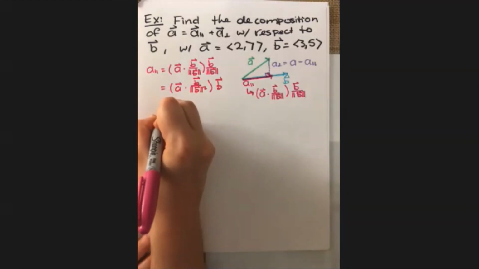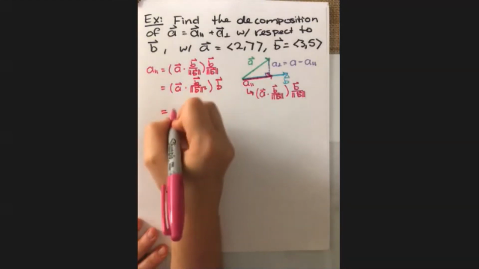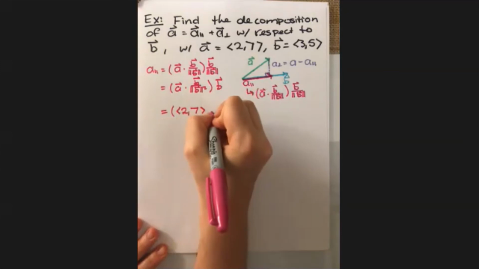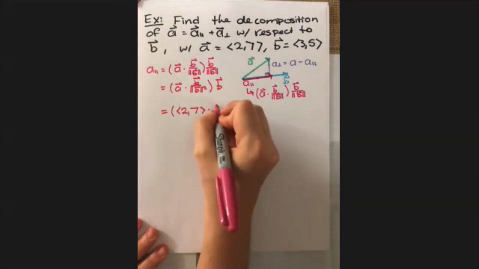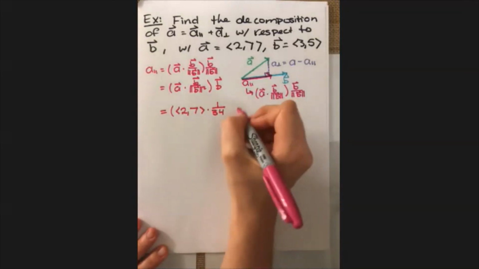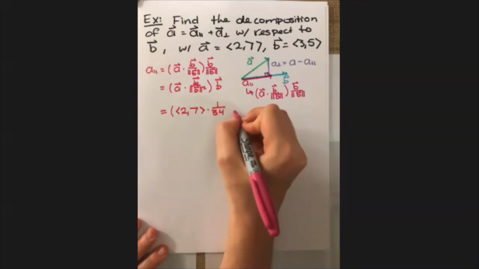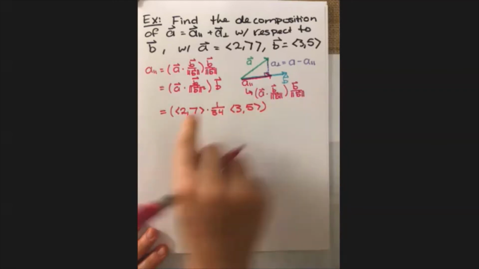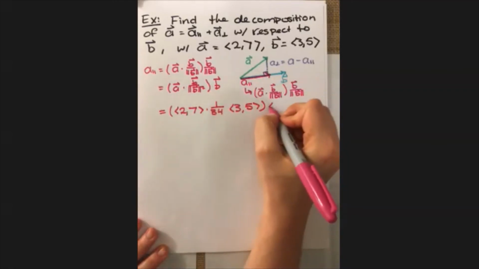Let's start plugging some values in. We're going to get A replaced with 2, 7, dotted with, and the length of B is root 34, so when we square it, we just get 1 over 34, and then times B itself, which is 3, 5, and this is all multiplied by B once again.